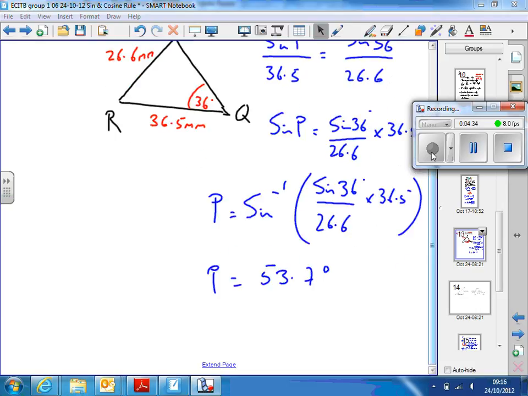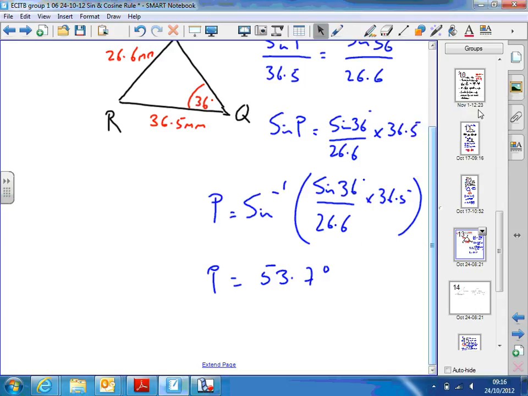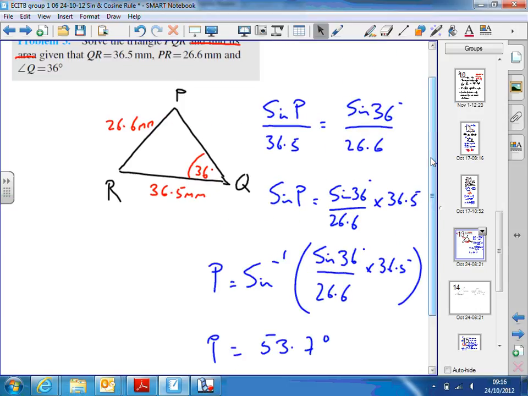P turns out to be 53.7 degrees. Yep. So there's one problem with this. We've got an angle of 53.7 degrees, and so we can then carry on and work out what angle R is. However, there is another possible answer that we need to consider.